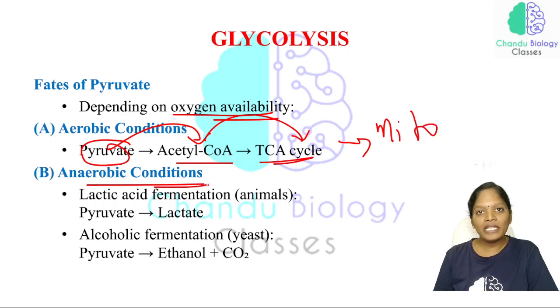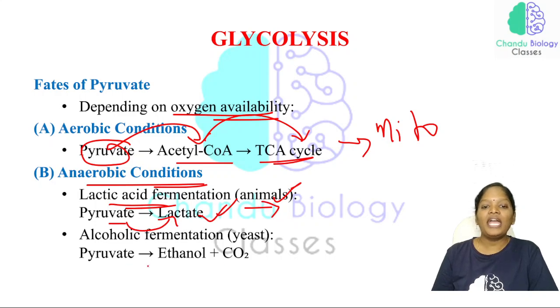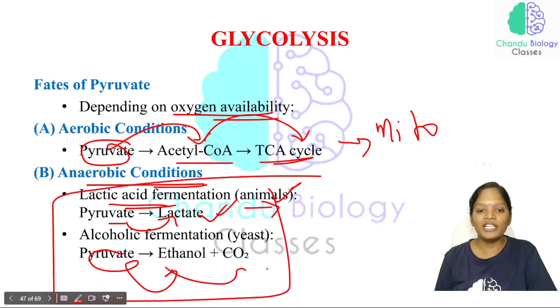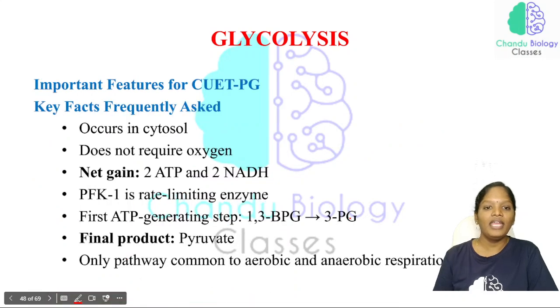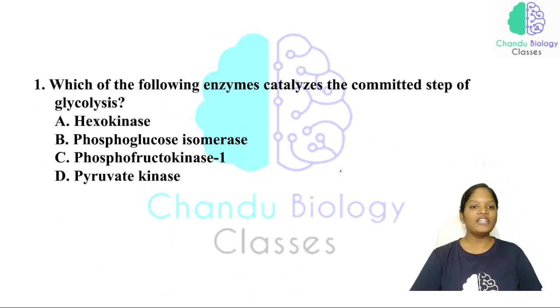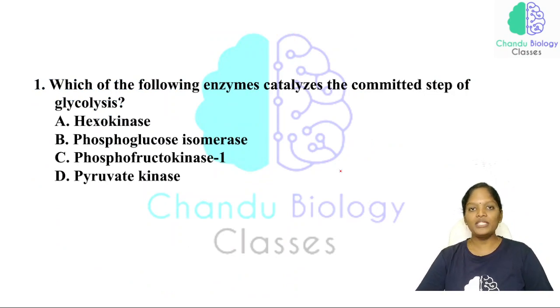And in anaerobic respiration, in the lactic acid fermentation case of animals, pyruvate will be converted into lactate. And if it is yeast, there will be no oxygen. This pyruvate will be converted into ethanol and carbon dioxide, and this is anaerobic respiration. And these are all the important points. Just go through it. Now, that's all about the glycolysis. I think I have explained all the most important keywords in the glycolysis.